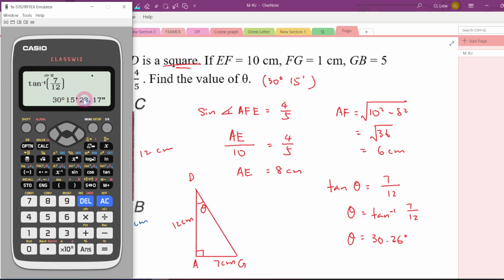So if it is 30 and above, we will add 1 over here, because 60 seconds is equal to 1 minute, right? So 30 seconds becomes half, it's half of the minute. Then we will add 1 here. Now this, since it's 23.17, which is less than 30, right? So we don't have to add 1 here. If the question asks you to give your answer in degrees and minutes, then it will be 30 degree, 15 minutes.